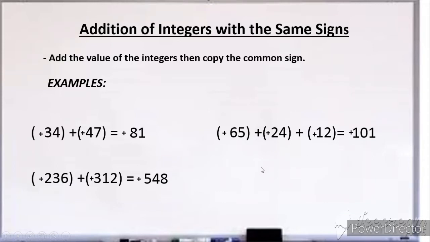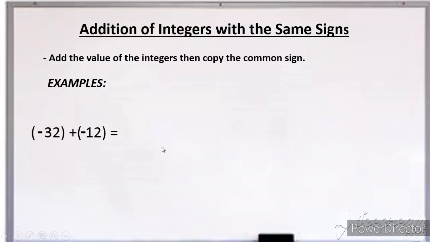So let's proceed. Positive 56 plus positive 76 plus positive 45. So you have to add 56 plus 76 plus 45, and that is 177, and then you copy the common sign of the number.